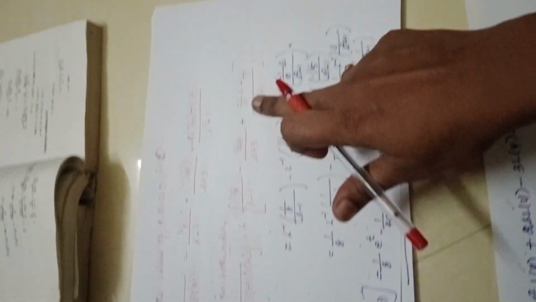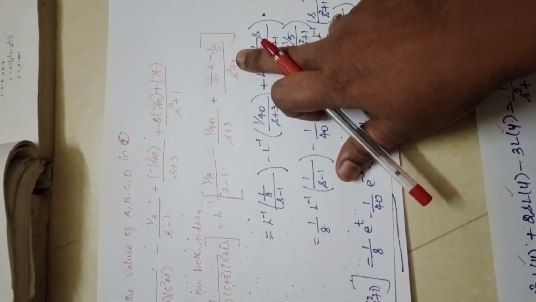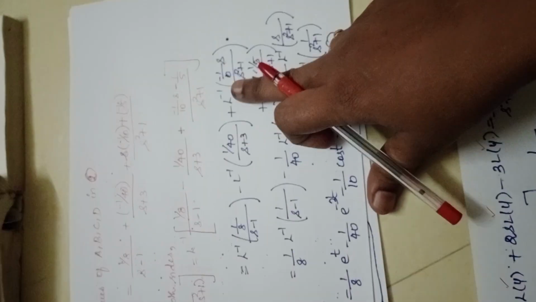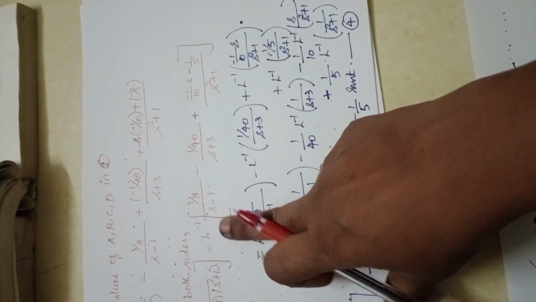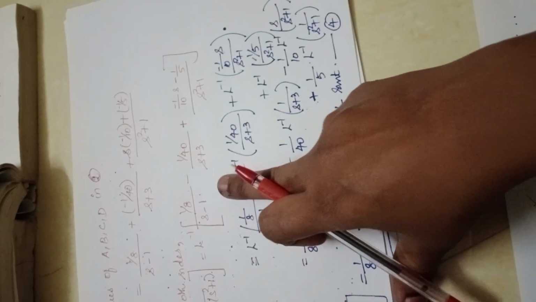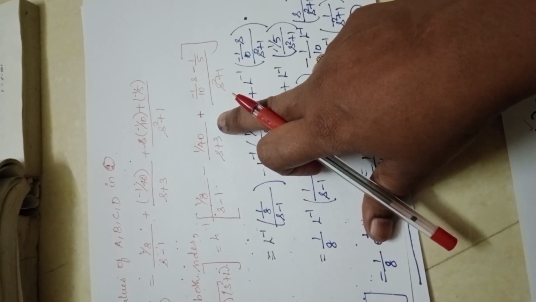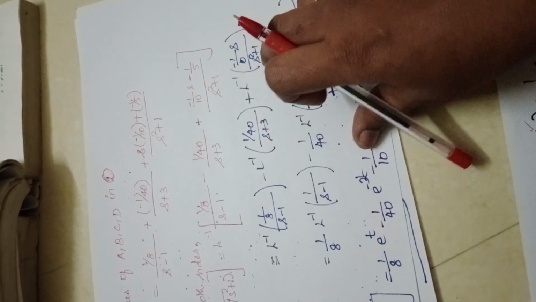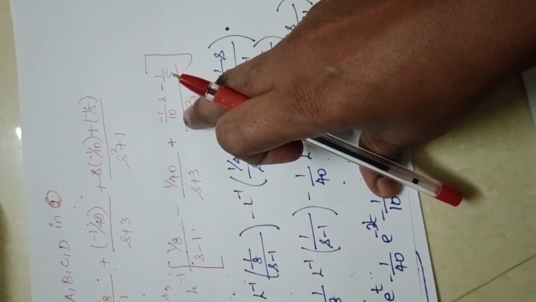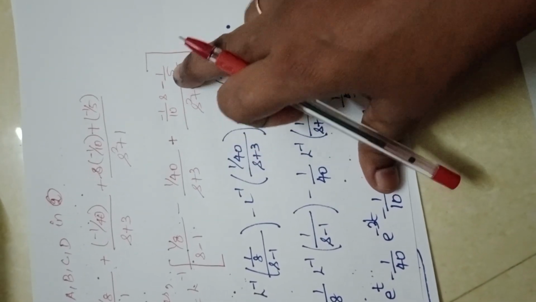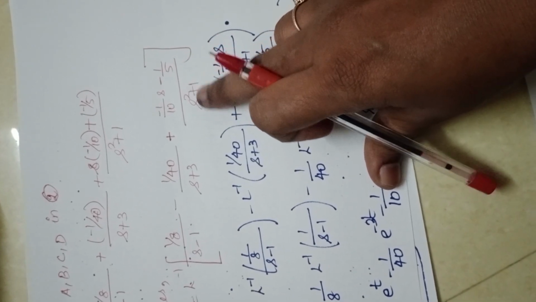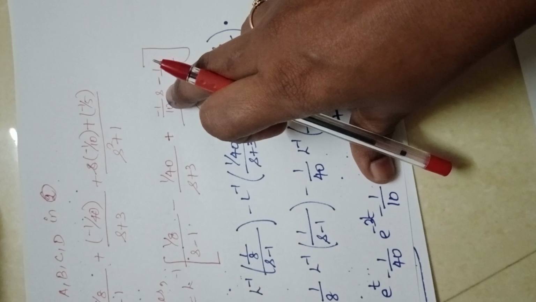So applying L inverse on both sides, the left hand side becomes my part 2 expression. The right hand side I have to simplify. So again L inverse separates plus and minus. So L inverse of 1 by 8 by s minus 1, L inverse of minus 1 by 40 by s plus 3, L inverse of, see, we know that minus 1 by 10 s minus 1 by 5 can be treated as with a single denominator s square plus 1 and split the numerator.